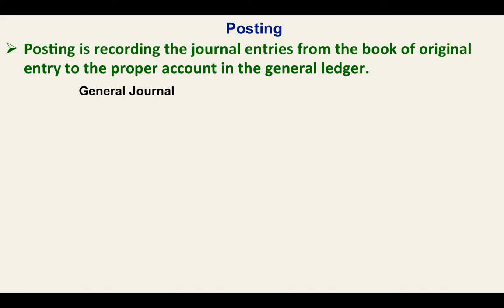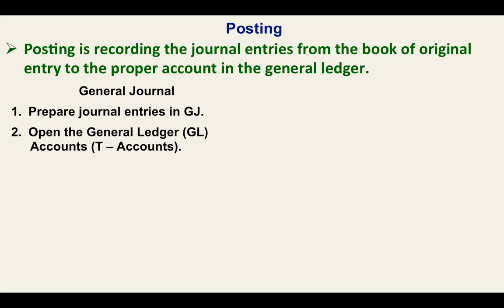Let us discuss the differences between what we have with general journal and what we are going to do with special journal. Okay, in general journal, we have learned that we have to prepare journal entries in general journal, and then we will open the general ledger accounts, which is represented by T accounts.